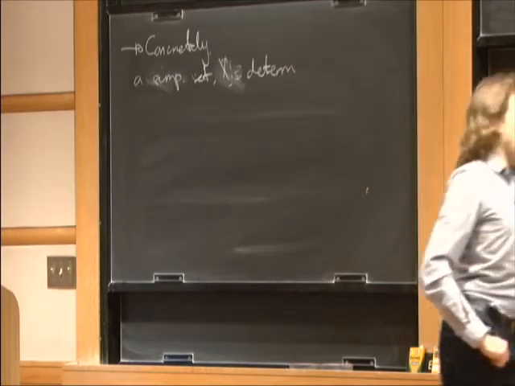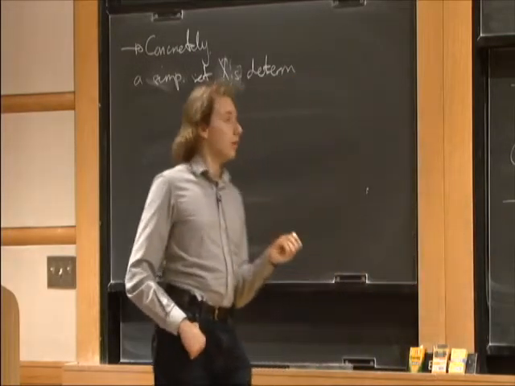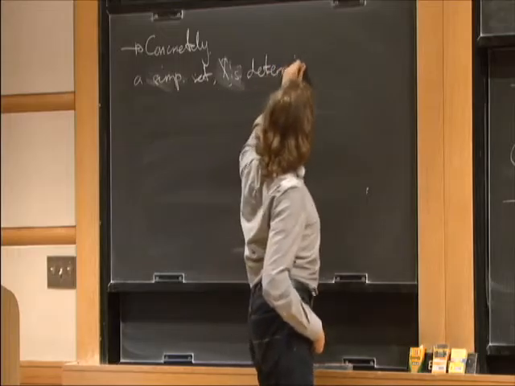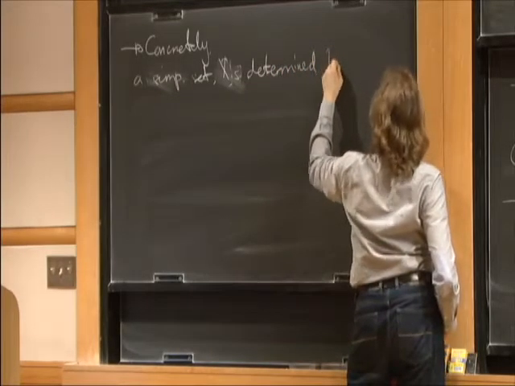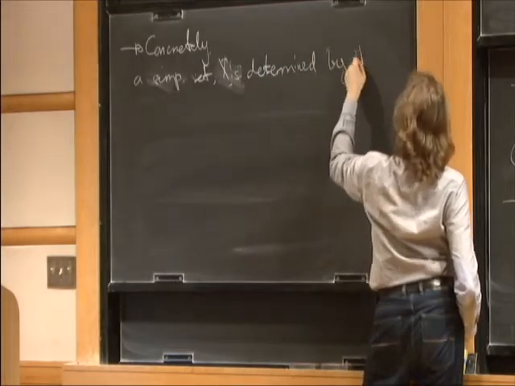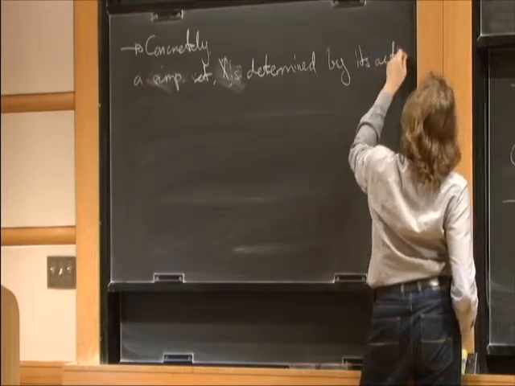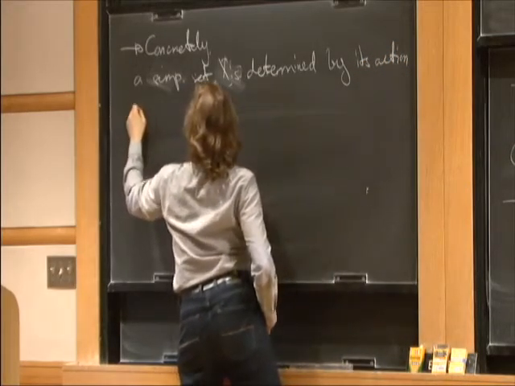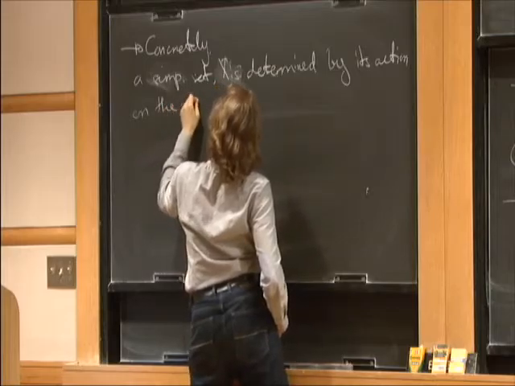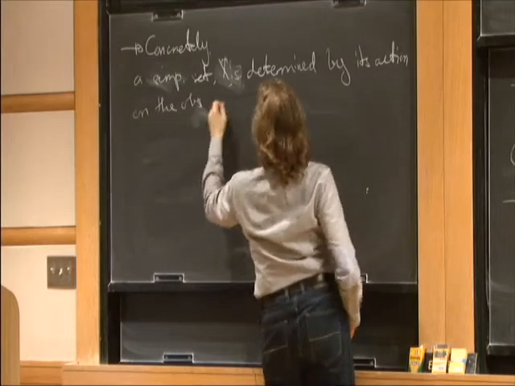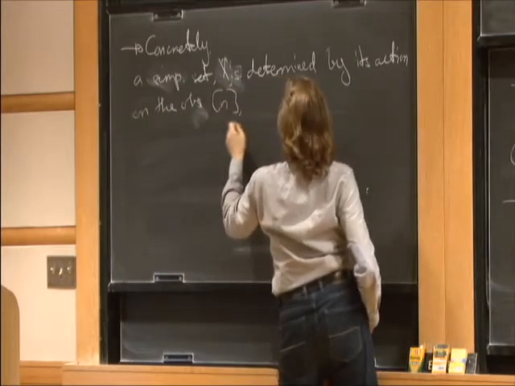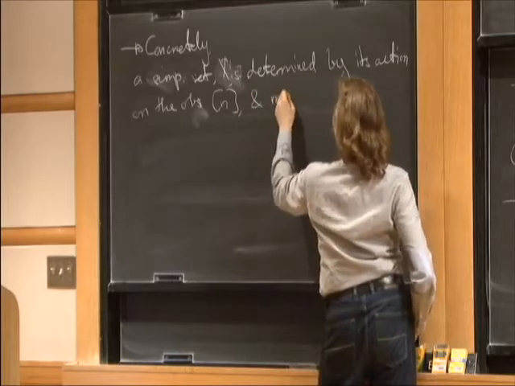We've got a skeleton of the category, and so we just need to check what it looks like on those. That's determined by its action on the objects n and the maps between these.